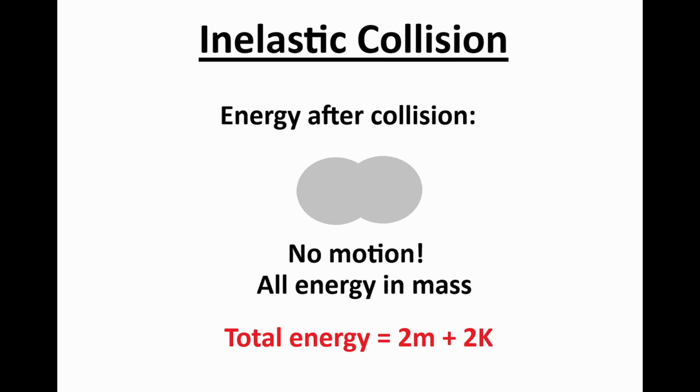However, after the collision, there is no momentum and the putty is at rest. So all of the energy in the system has to be in the form of mass, meaning the mass of the single ball of putty after the collision is 2 times m plus 2 times the kinetic energy, which is greater than the masses of the individual balls of putty before the collision.